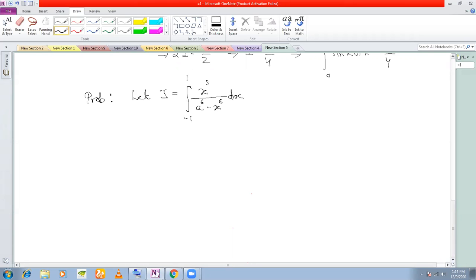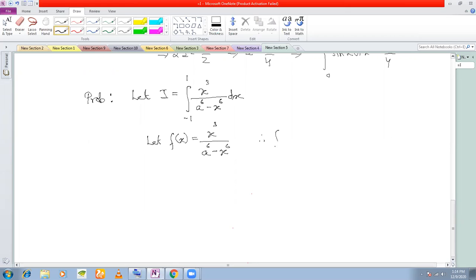Whenever you see a minus 1 to plus 1 limit, the first thing that should come to your mind is, let me check for even and odd function. So you assume f(x) is equal to x cube by e to the power of 6 minus x to the power of 6.